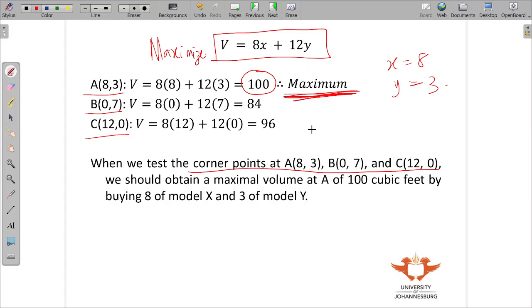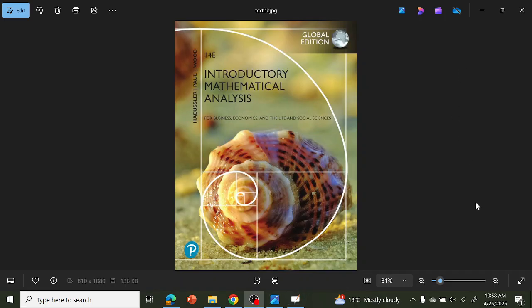If we are minimizing, you check for which one gives the minimum. But if you are maximizing, you check for which one will give you the maximum. All right, please make sure that you understand that. Thank you.